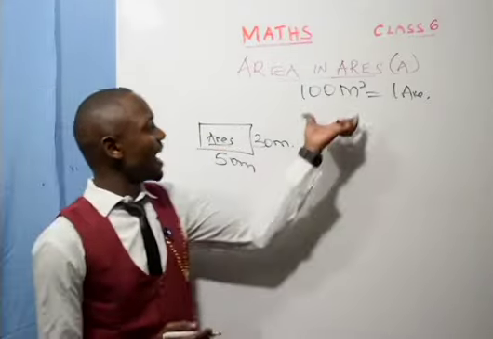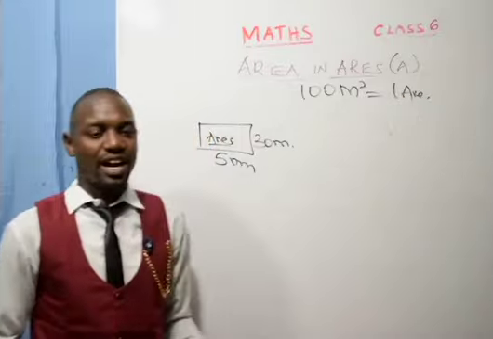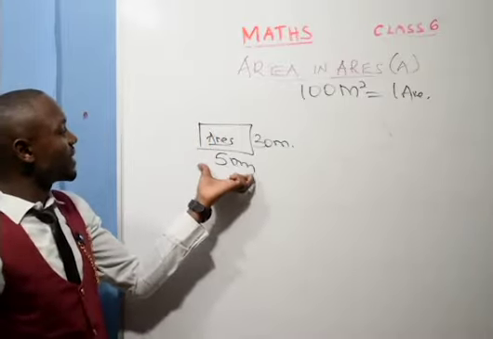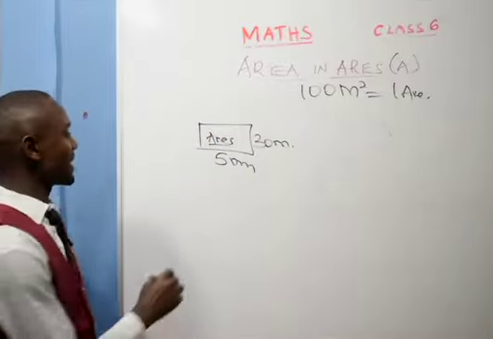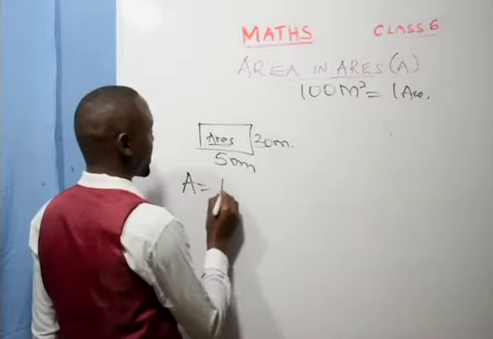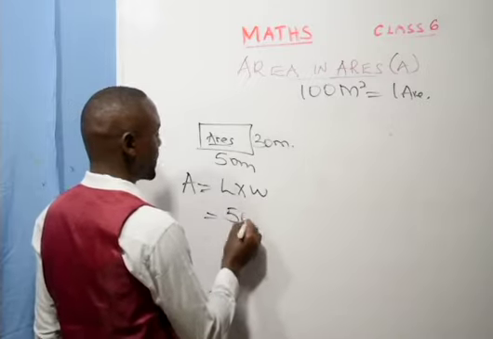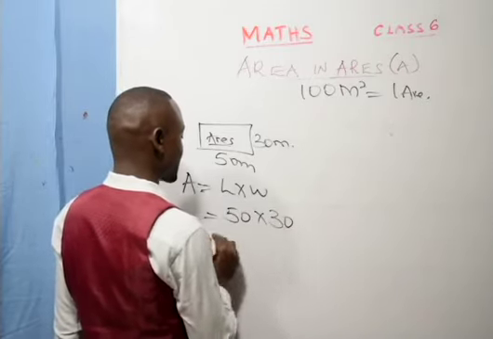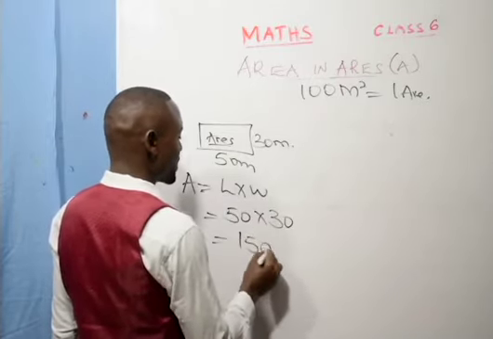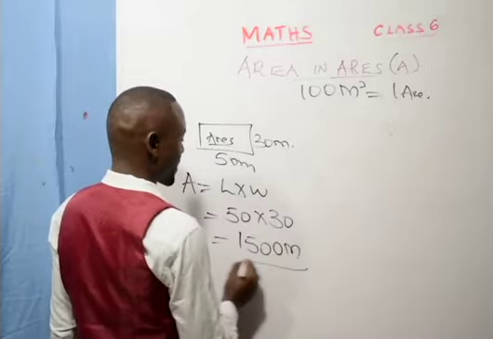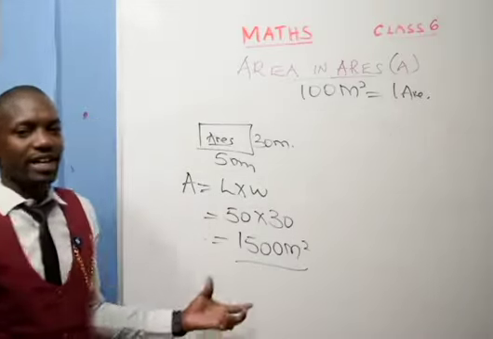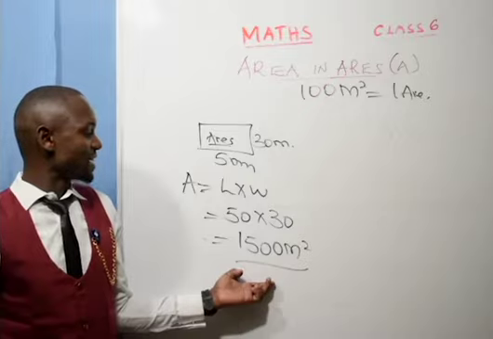We say that 100 square meters is equal to 1 are. So, what is the area of this plot of land in square meters? Area is equal to length times width, 50 meters times 30 meters. So the area is 1,500 square meters.